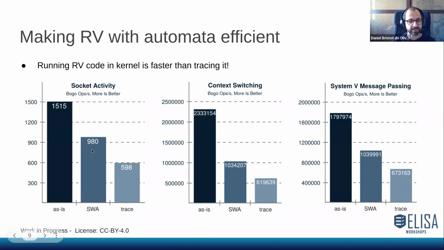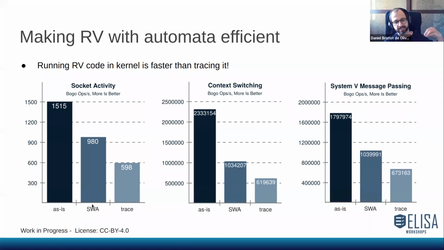But it still runs faster than just tracing the system. So in this case, I went to the ftrace directory and said, I want to trace these events. So this is the result of just tracing it. And this is the result of actually running the automata inside the kernel.